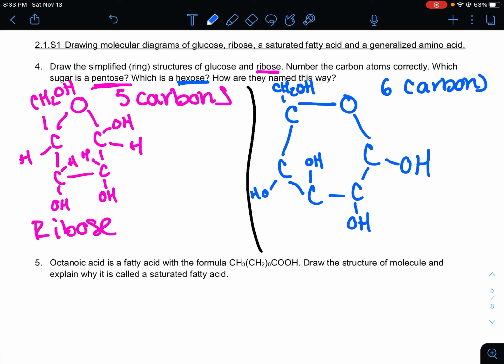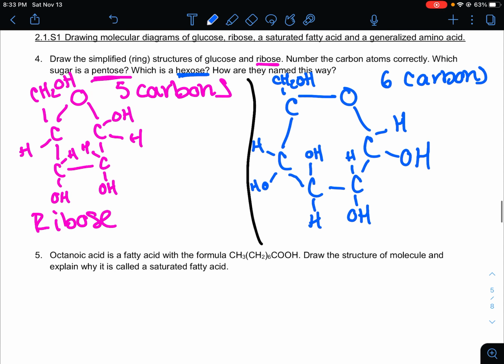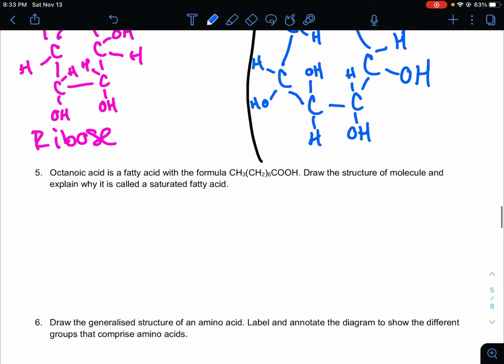So remember how many hydroxyl groups you have and where they go. And then the rest is easy. Again, you just fill in with hydrogens to make sure that each carbon has 4 bonds. And then it's really easy. You just double check to make sure that they are all happy. Okay.